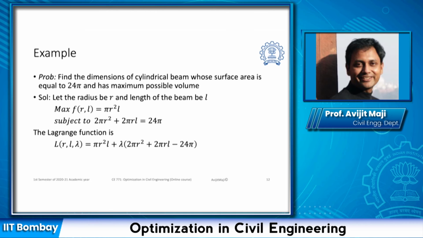Let us first assume that the radius of this cylinder is r and the length of the beam is L. We need to maximize the volume, which can be represented as a maximum of a function of r and L, the design variables, and the equation is going to be pi r square L. So it's a cylinder of length L and radius r.